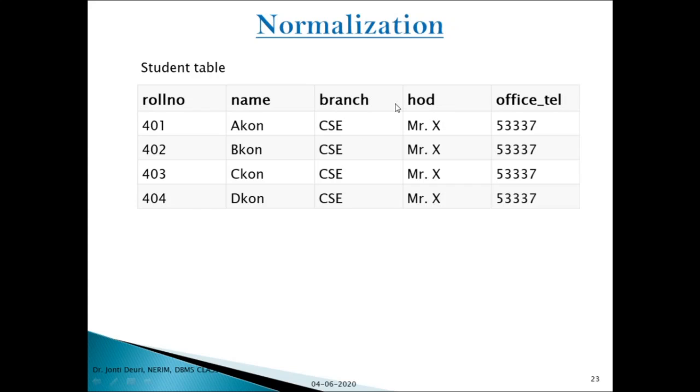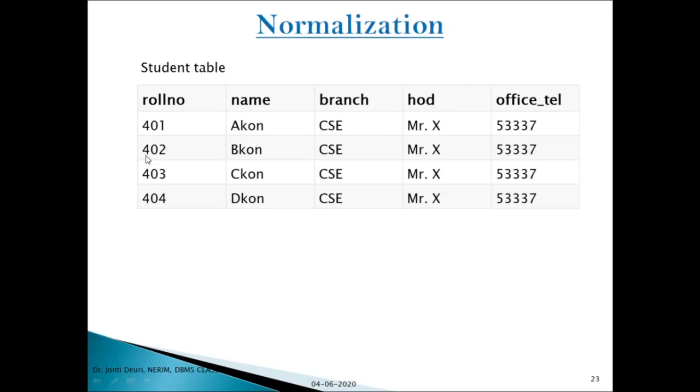That branch information will be lost. That is the deletion anomaly. Unexpectedly, if you don't want to delete the branch information but you have deleted the students' record, it is also deleted because it is in the same table.